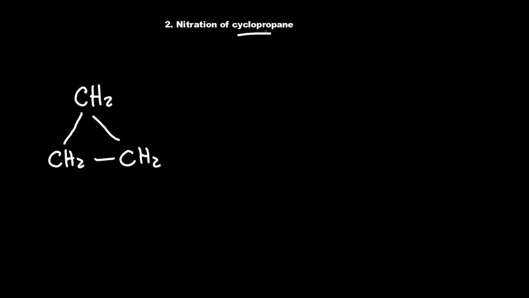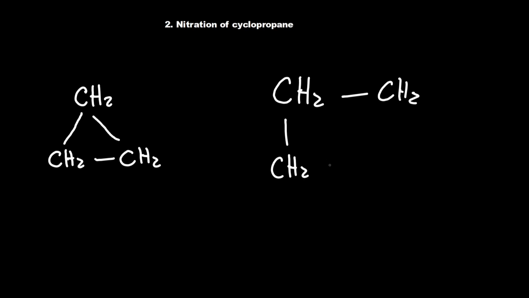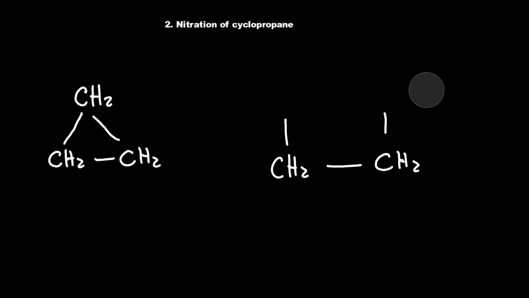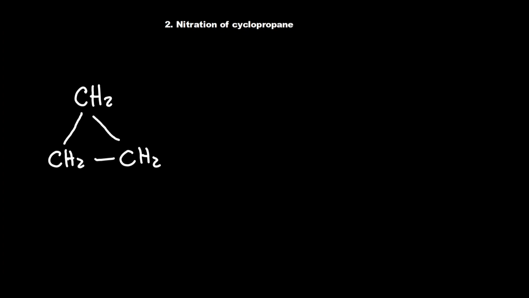Because this is cyclo, this would be a closed loop between this 3 carbon chain. If it's a cyclobutane, this would be something like this. Something like that. But since what we have here is a cyclopropane, this would be it.